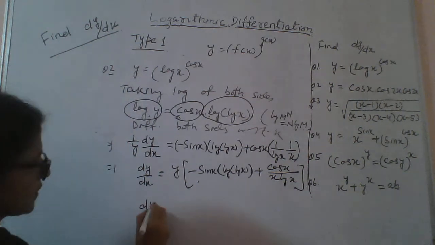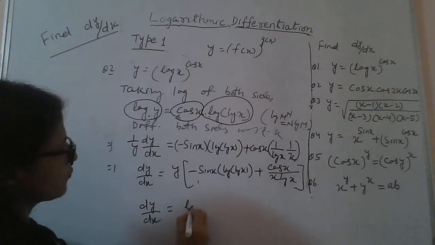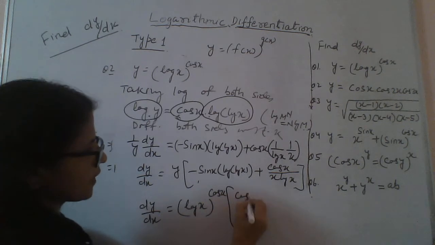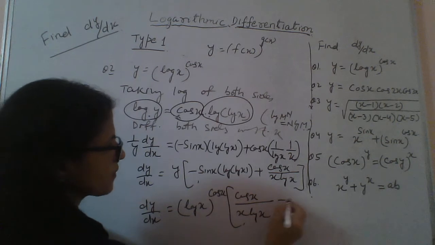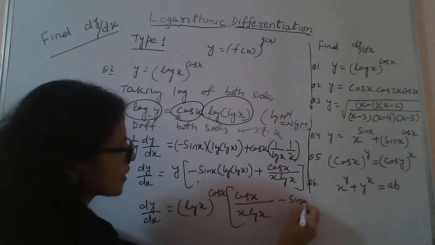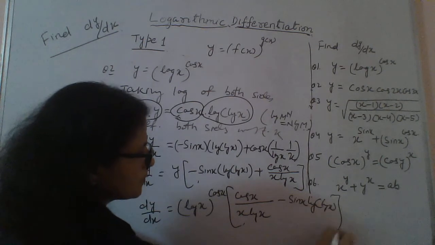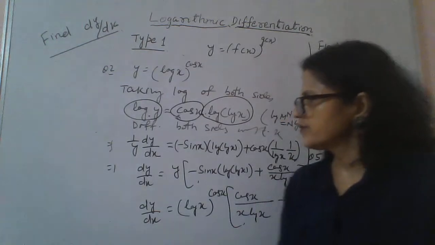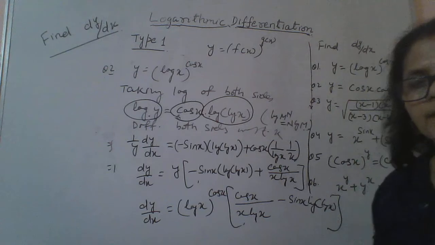Or you can say dy by dx is y, where we have taken log x power cos x. So here you can write it like this: cos x by x log x minus sin x into log x. Okay, that's it. So the basic algebra, please have a look at the steps. Okay, is it clear?